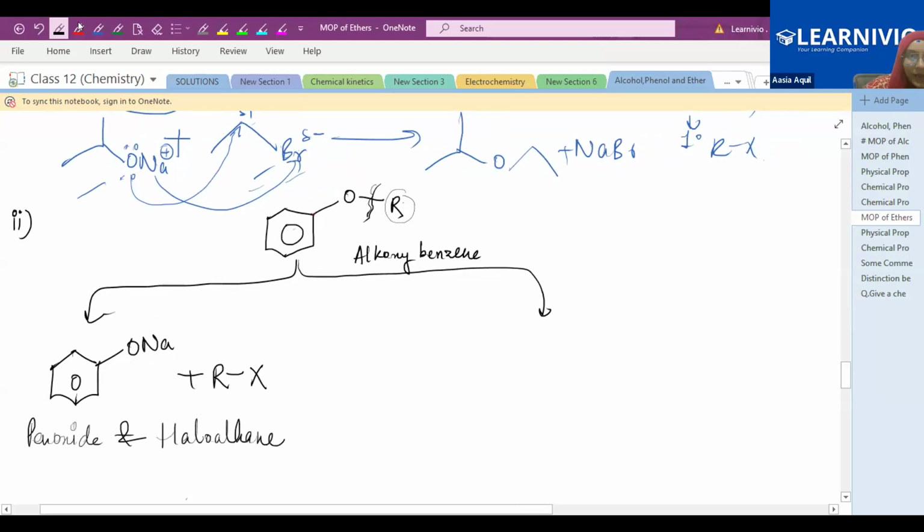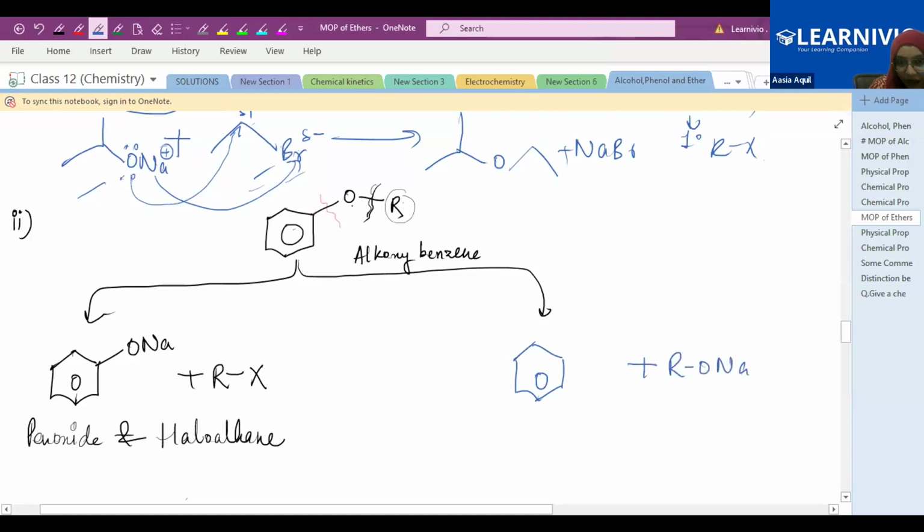Second thing, if I break this bond, here I'm writing the product. If I break this bond, then what will I attach to RO? RONa.